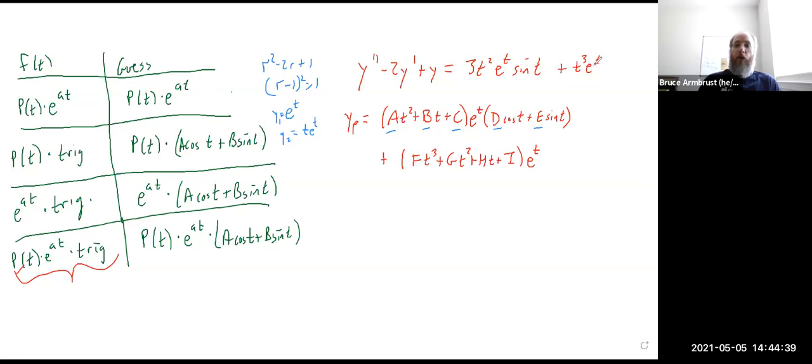So we have to get 4 more just from this piece. But now with this piece, we do run into the problem of the e to the t and the t e to the t showing up twice. So we've got to multiply that by t squared. Okay, so if this was what we were solving, we're actually up to 9 unknowns.